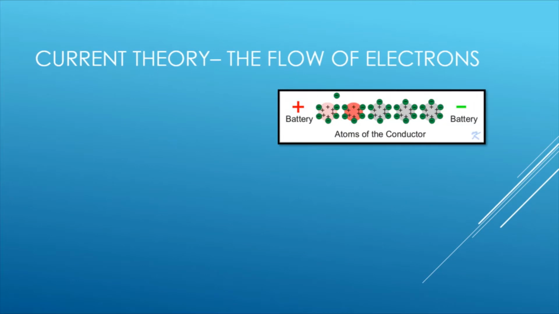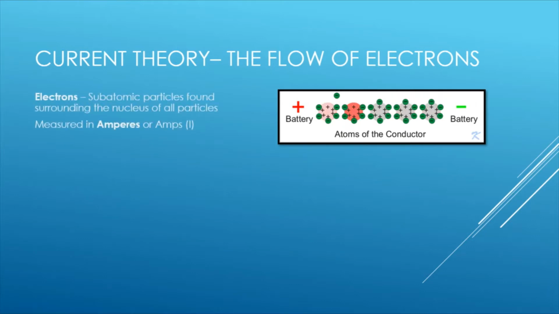Okay, so starting with the very, very basics, current theory. What is current? Current is the flow of electrons, for those that don't know. Electrons are subatomic particles found surrounding the nuclei of all atoms, and we measure current in amperes, or amps. Here you can see the positive and the negative terminals, and these are all the particles within a material, and you can see the electrons surrounding the nucleus being shared, and so this here is the flow of electrons.